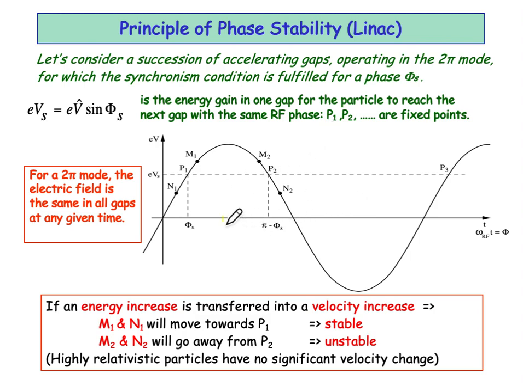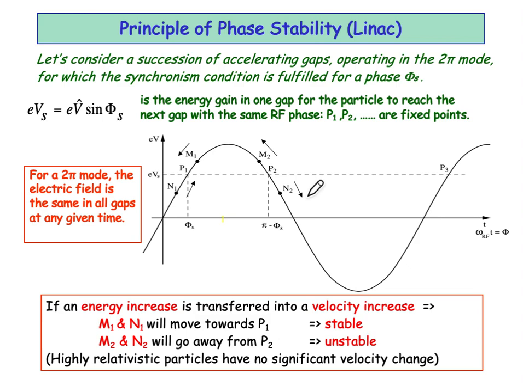Let us consider some points P1 and P2, and M1 and N1, and here M2 and N2. Suppose the energy increase is transferred into a velocity increase. So M1 and N1 will move towards P1, which is the stable one, whereas M2 and N2 move away from P2, which is unstable.